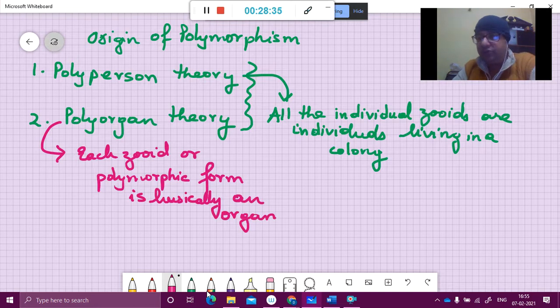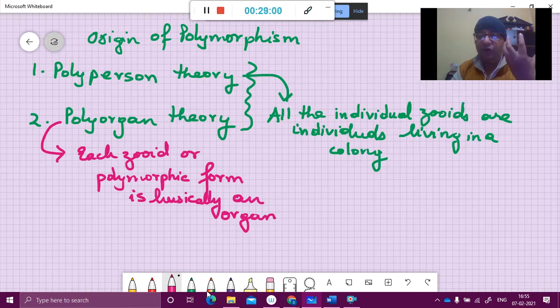For example, gastrozoids are responsible for digestion, dactylozoids for fighting, gonozoids for reproduction, battery of nematocysts for attack. So basically they are different organs present in one individual. And in the polyperson theory, they are all individuals. They are living together like a society.